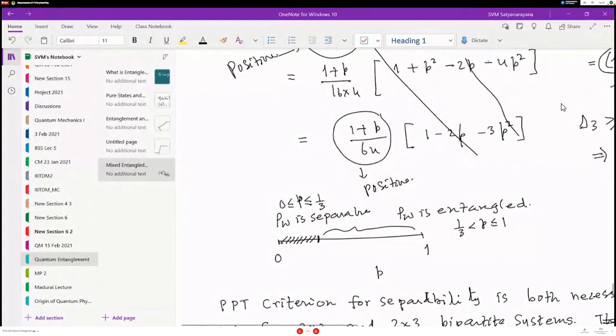Sir, but I read in a book that for the Werner state, the criterion is p greater than or equal to 1/2, but we are given 1/3. P value is given as 1/2, sir, in some books.